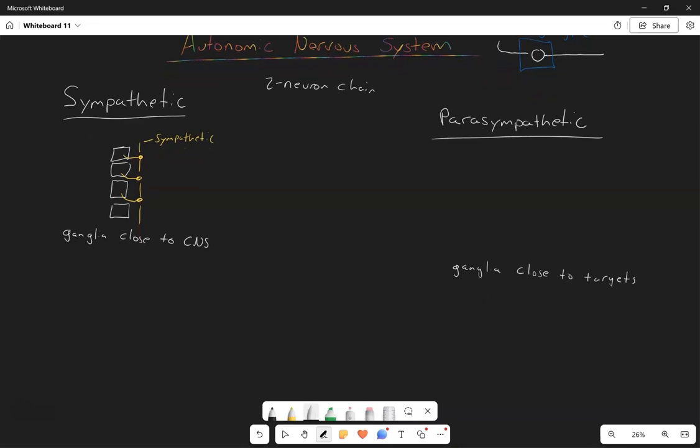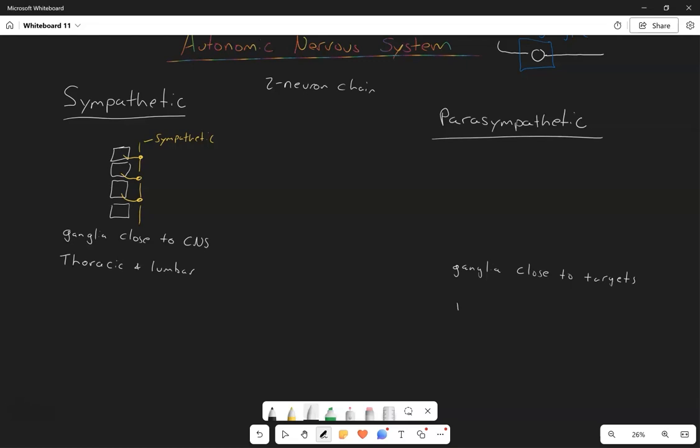Now, where do these neurons originate in the sympathetic division and parasympathetic division? The sympathetic division is said to have a thoracolumbar origin, so these neurons occur in the thoracic and lumbar regions.